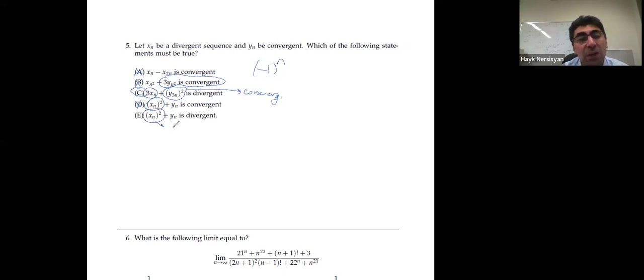Maybe this could be convergent, right? So we can't say that for sure xn squared is divergent. So it might be a case when E also is wrong. Minus 1 to the power of n, xn squared is convergent. So it remains C, the only one that for sure is true.